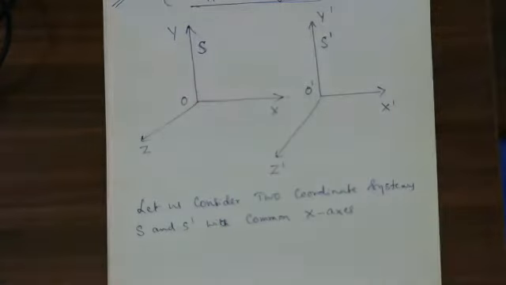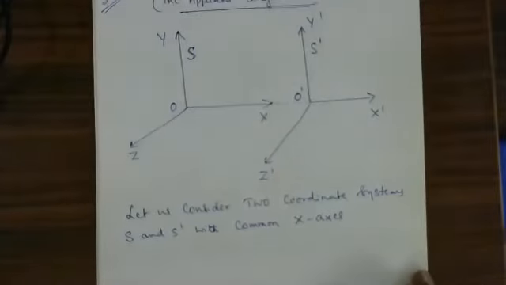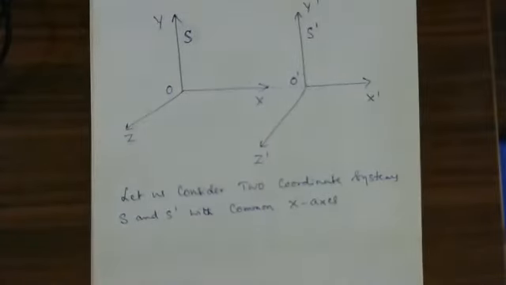Wait, maybe it is a little bit blurred. Okay, now at least the blurriness is less. Let us consider 2 coordinate systems, S and S dash with common x-axis.